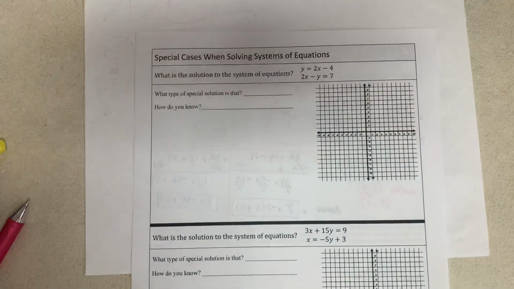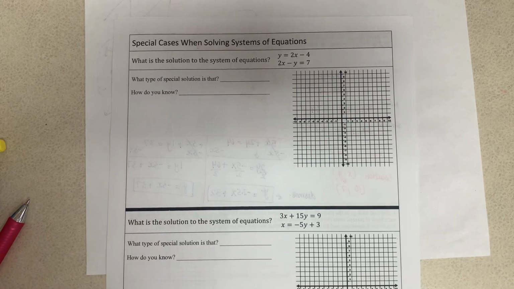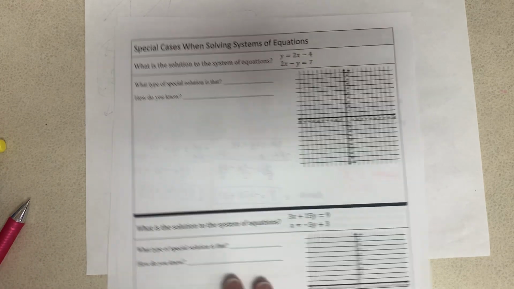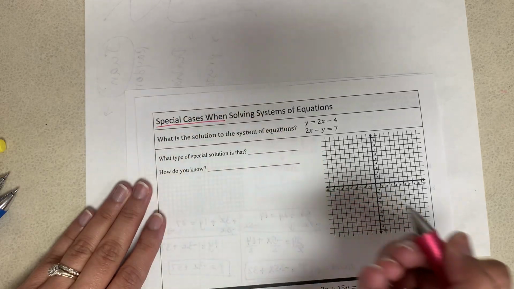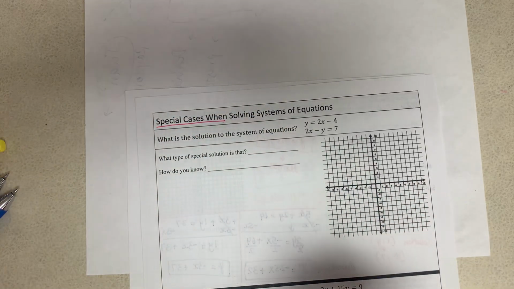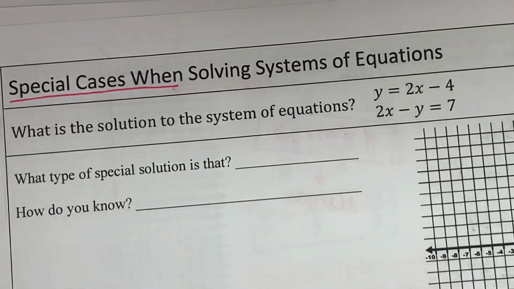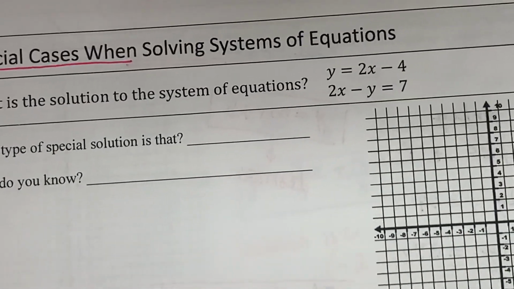For the last one, I'm just going to help you with what special cases are. Special cases are when you have either parallel lines or overlapping lines. So this is what you are going to find.